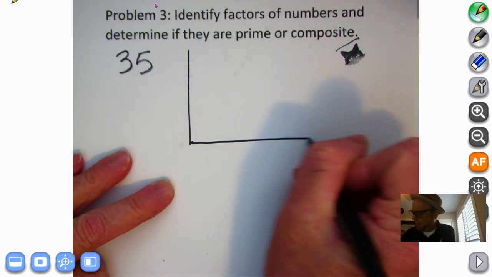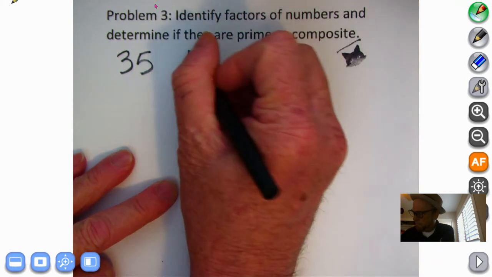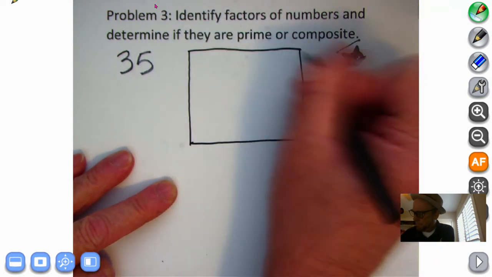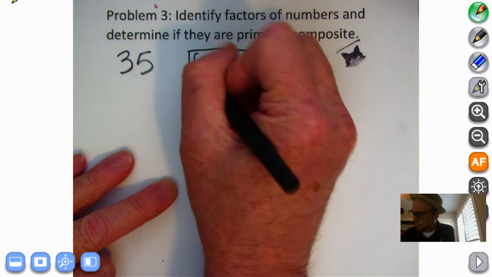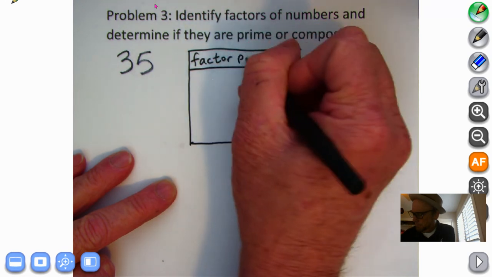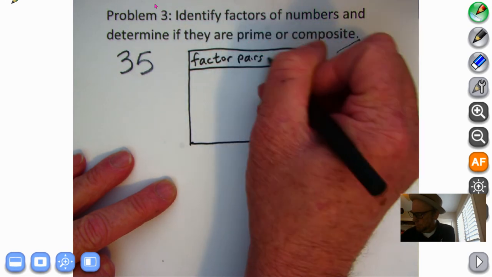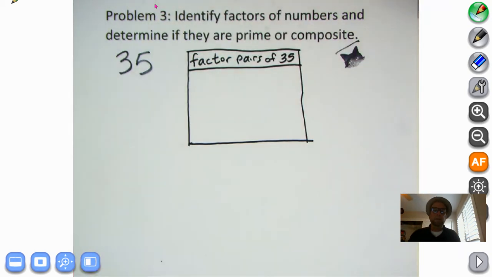Pause if you need to. So we have factor pairs of 35. That's what we're going to set out to do.